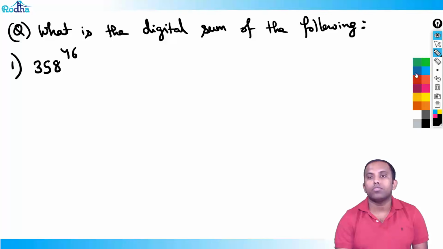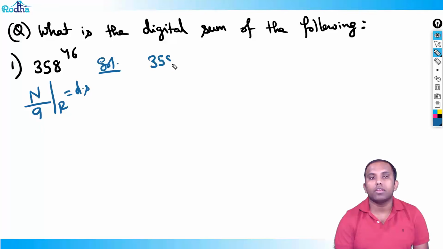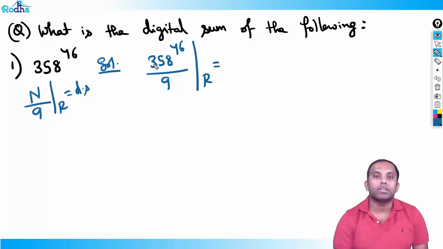What is the digital sum of 358 raised to 46, right? So I told you, any number divided by 9, the remainder will give me the digital sum. That means 358 raised to 46 by 9 remainder will give me the digital sum.